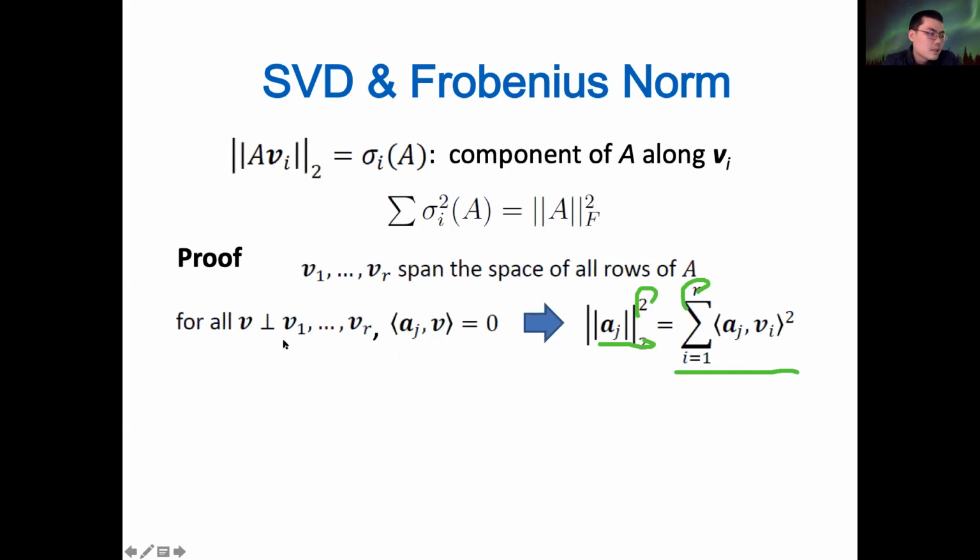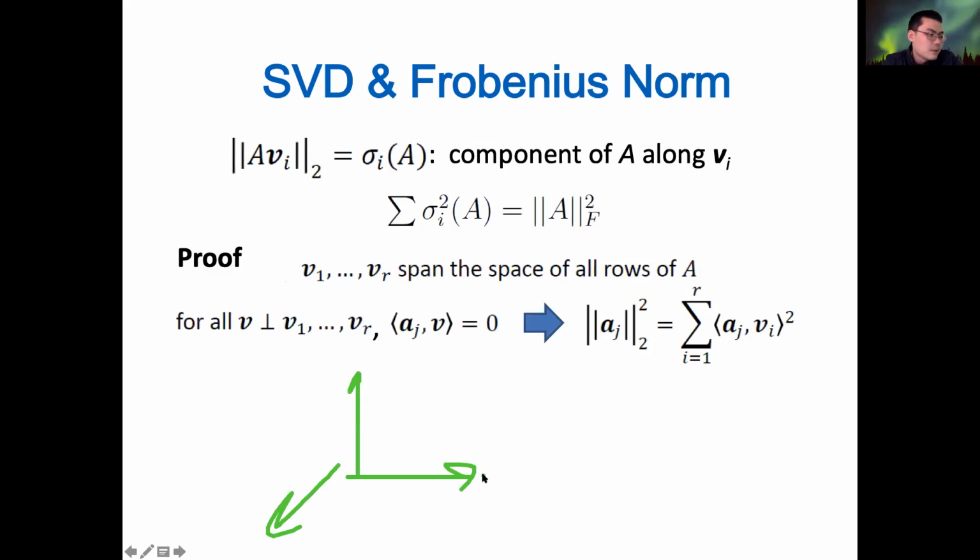Only these r components are not 0; this row has no component outside this space, so it will be 0 for anything else. So we just have components along these r dimensions.